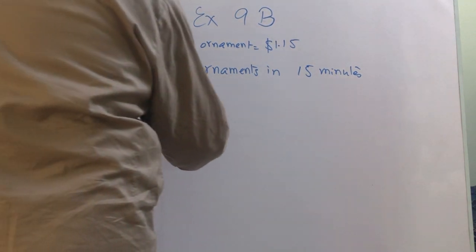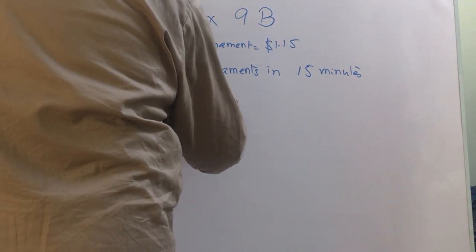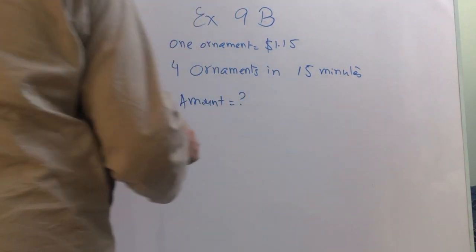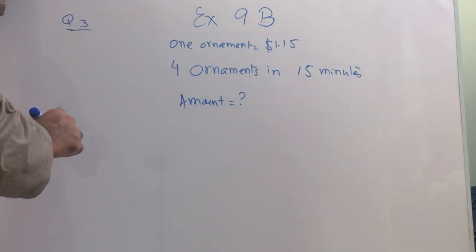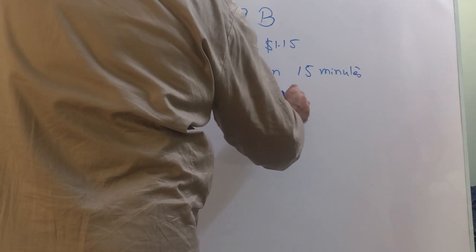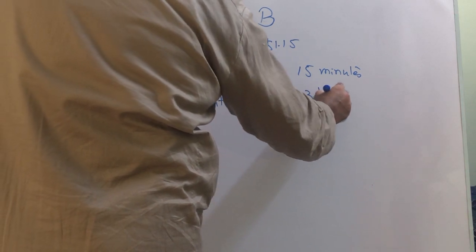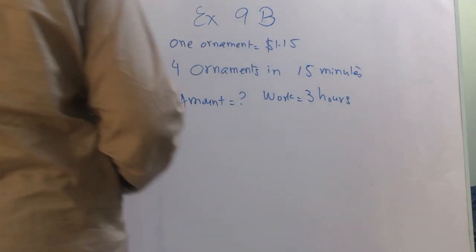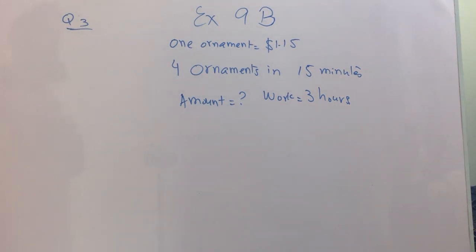We need to see how much amount he will earn if he works for 3 hours. Okay, so work for 3 hours. So first we need to see in 3 hours how many ornaments he can make.